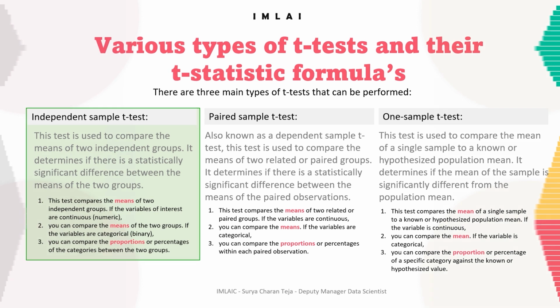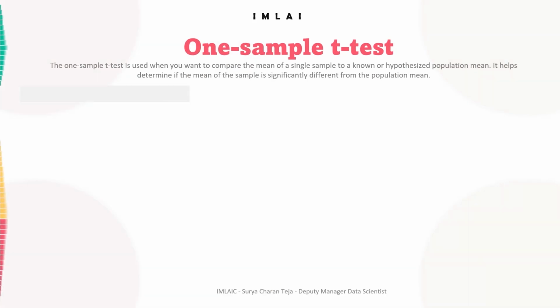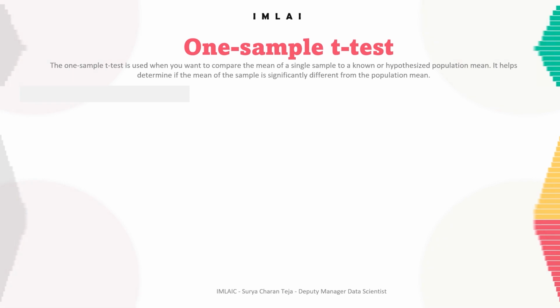So let's begin with the one sample t-test. The one sample t-test is used when you want to compare the mean of a single sample to a known or hypothesized population mean. It helps determine if the mean of the sample is significantly different from the population mean. Now, what are the assumptions under which it works?